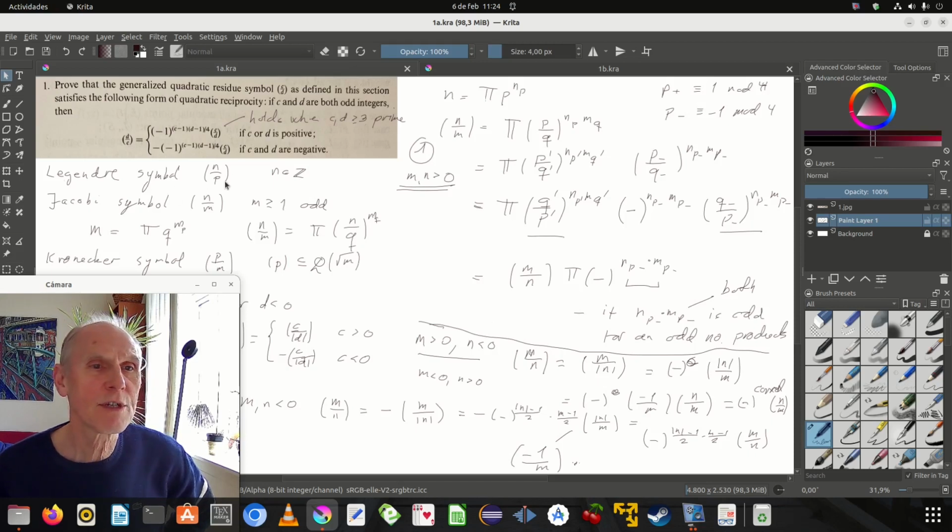there's the Legendre symbol, which is defined for a prime and any integer, which I'll take as given, and we know the Legendre symbol and the reciprocity formula when C and D are prime. And that's, of course, positive primes.